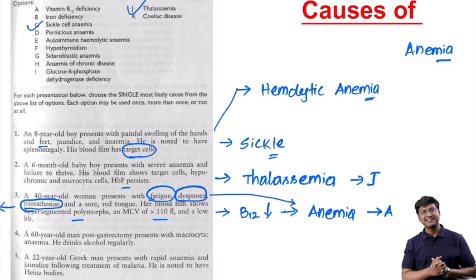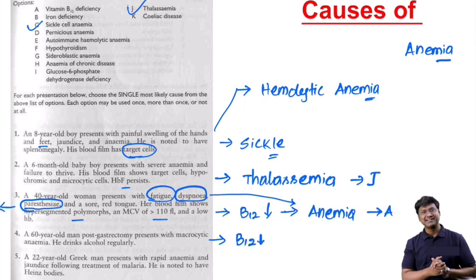And you take the fourth clinical scenario. A 60-year-old man post gastrectomy presents with macrocytic anemia. He drinks alcohol regularly. Now he drinks alcohol regularly, that can cause B1 deficiency, but B1 deficiency will not cause macrocytic anemia. So here it is again B12 deficiency. Why?